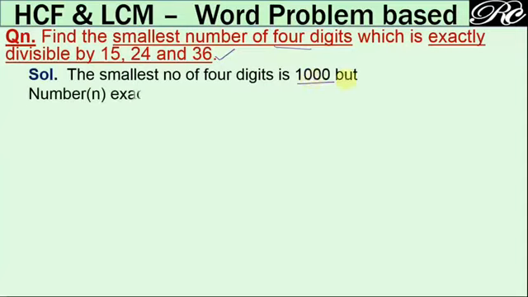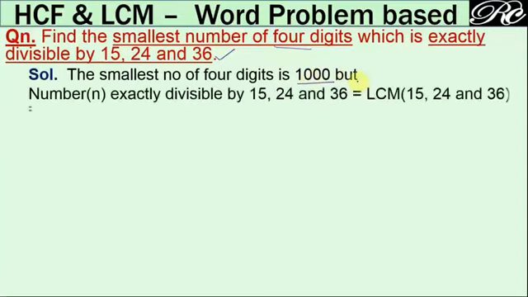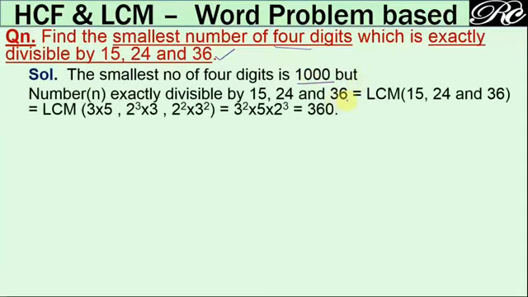But at the same time, that number should be a multiple of the LCM of 15, 24 and 36. The number n exactly divisible by 15, 24 and 36 will be the LCM of 15, 24 and 36. Going for factorization of each number, we get the LCM as 360. The same was also calculated in the earlier question.